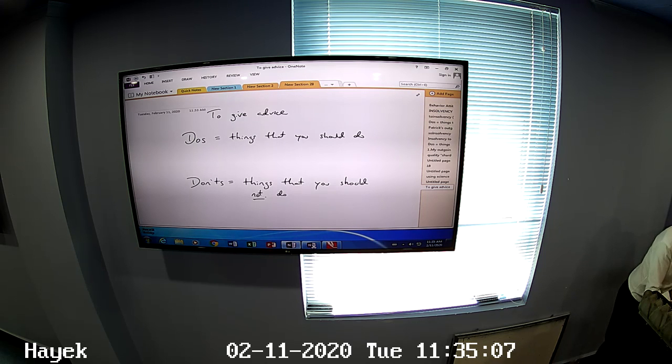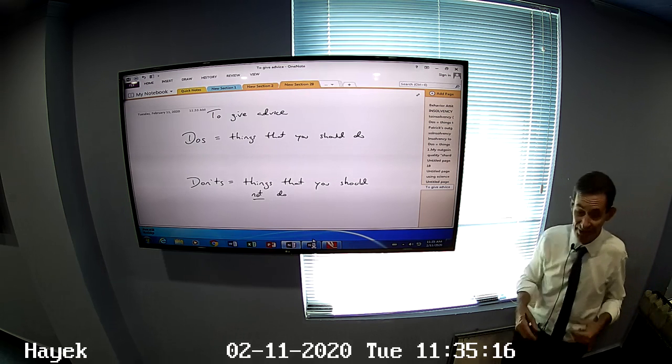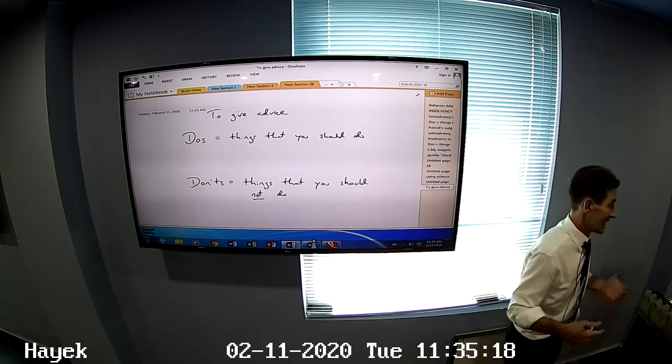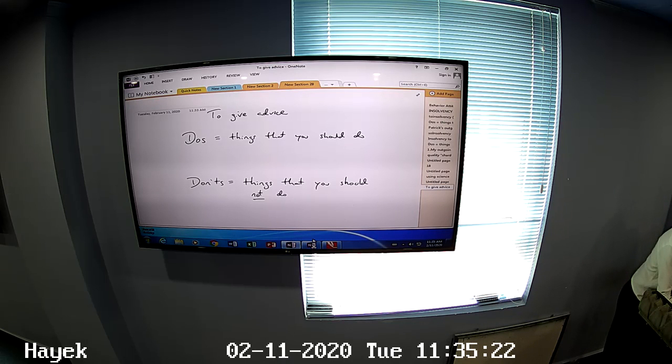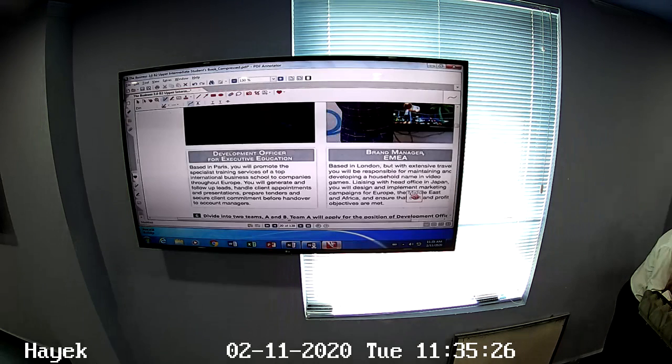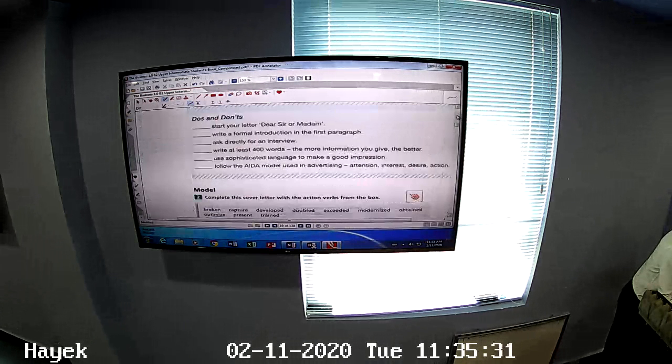In your study text, on page 18, there's some advice about writing a cover letter. A cover letter to send with a job application, to send with a CV or resume to an employer. On page 18. Exercise 1.